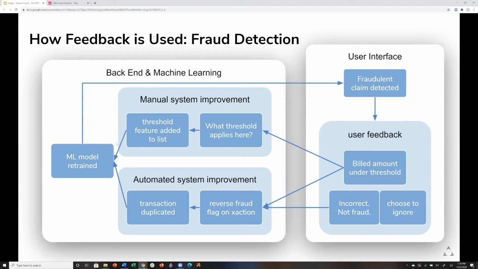Are we incorrect that it is not fraud when in fact we incorrectly suggested that it might be, or should we be ignoring this? We'd like to filter out all of the false positives and false negatives if at all possible, right? One of the most common problems in this space is too much noise for your analysts, right? You don't want to be giving them thousands and thousands of cases every day to try to inspect. They would get drowned in the data. Next slide.